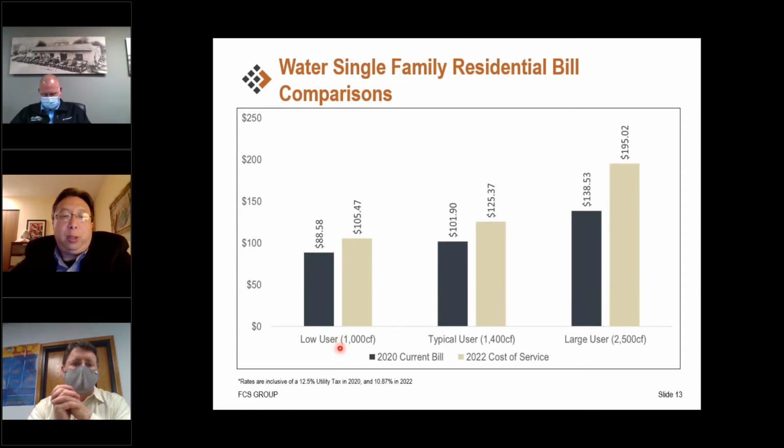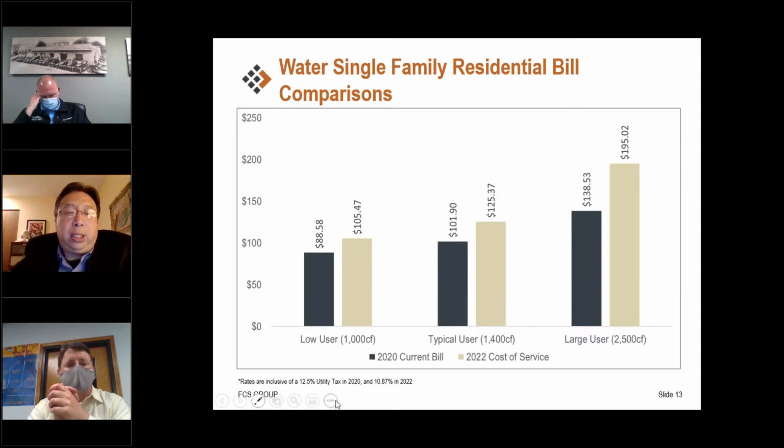So for a low water user, again, a 2 or 3 person household, a typical user, which would be more along the lines of a 4-person household, and then a large water user would be more along the lines of a large family, perhaps 5 or 6 people in that household. So what we see here is a billing differential.